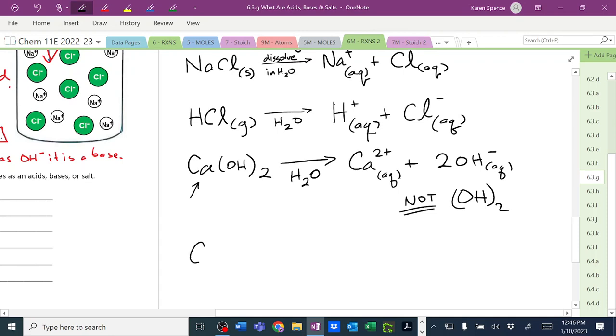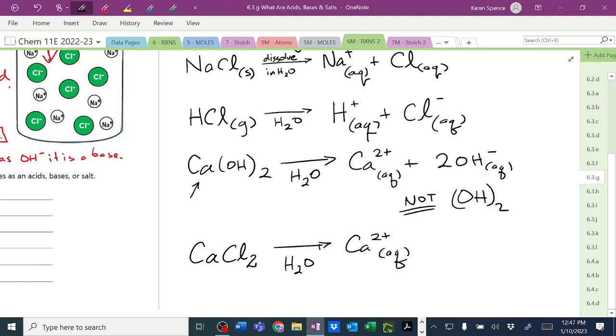Similarly, if we had a salt, CaCl2 dissolved in water, the Ca would be separate. And it's really tempting because we know that Cl2 is one of the diatomic molecules, right?